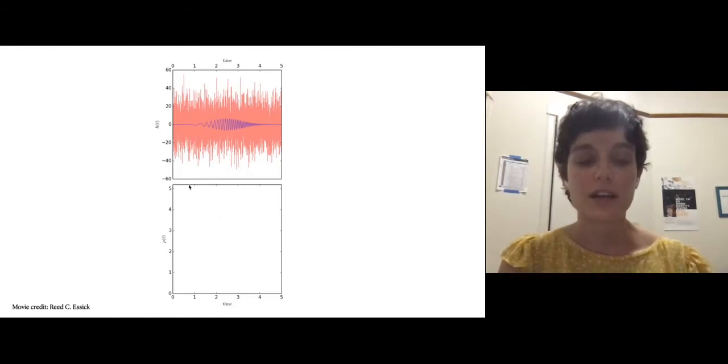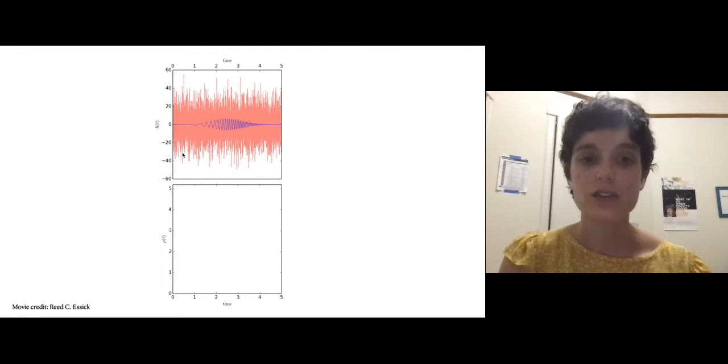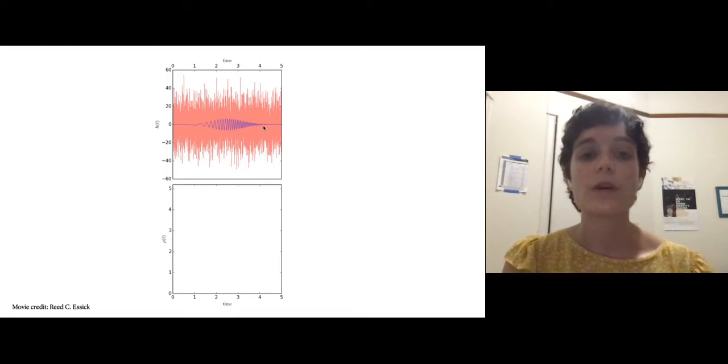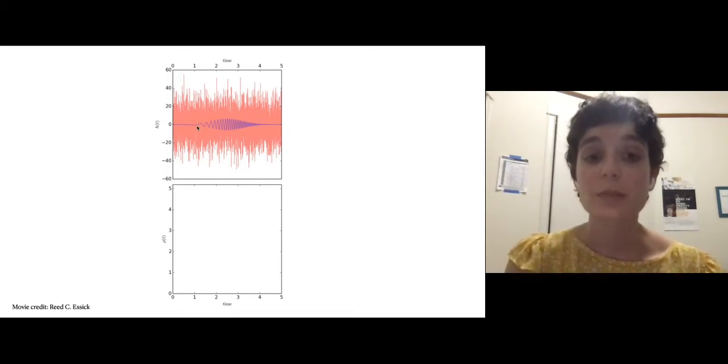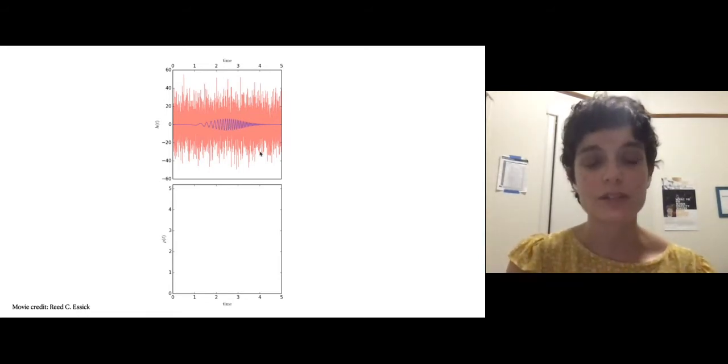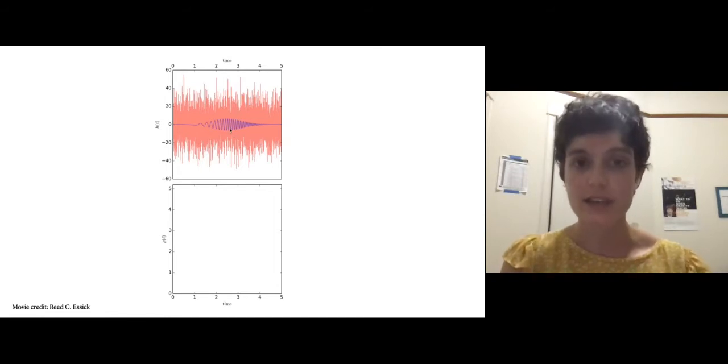So again, now that we've seen all of the math behind it, let's go back to this movie, which illustrates it. In this case, our data stream, h of t, is this pink curve in the background, embedded in which is a signal, s of t. If we didn't explicitly draw the signal on top of this time series, just from looking at the pink, which is our data, we would have no idea that it's there.